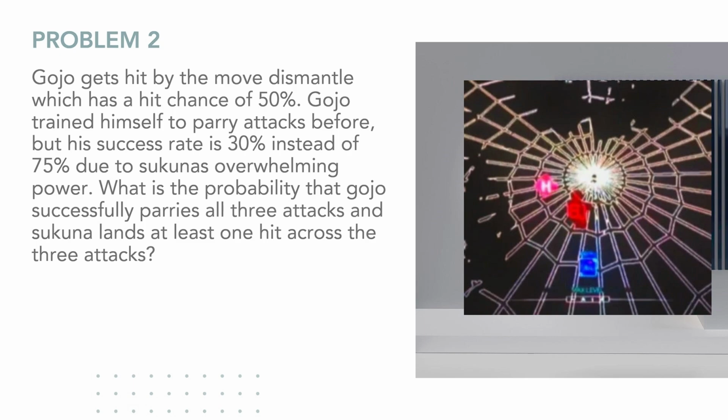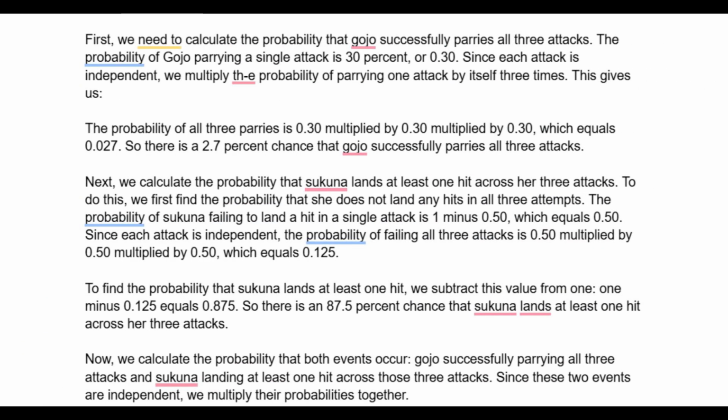Problem number 2. For problem number 2, first, we need to calculate the probability that Gojo successfully parries all 3 attacks. The probability of Gojo parrying a single attack is 30% or 0.30.